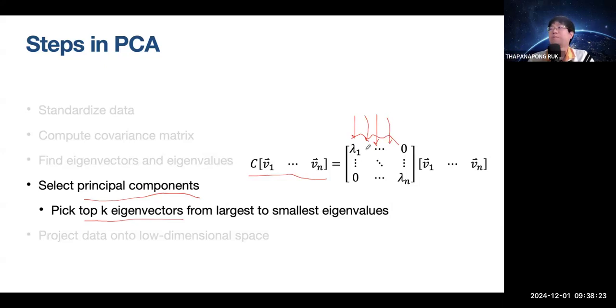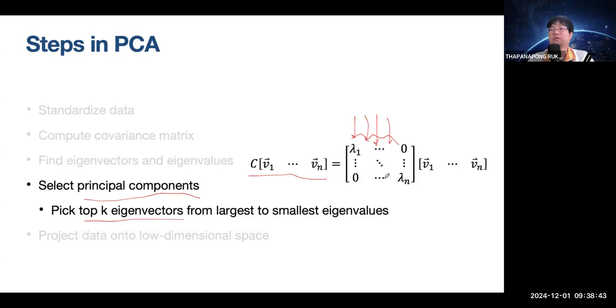Basically, you pick from left to right if you sort your eigenvalue from largest to smallest. And each of these eigenvectors would be your new axis.